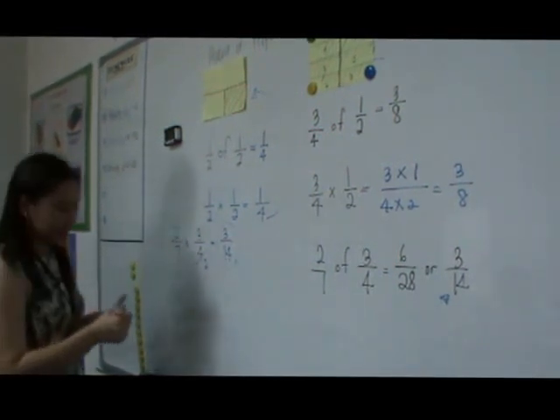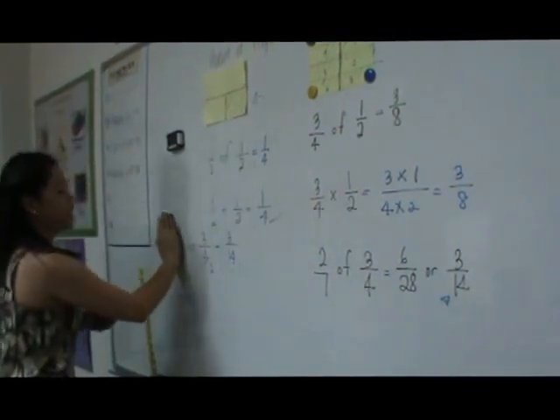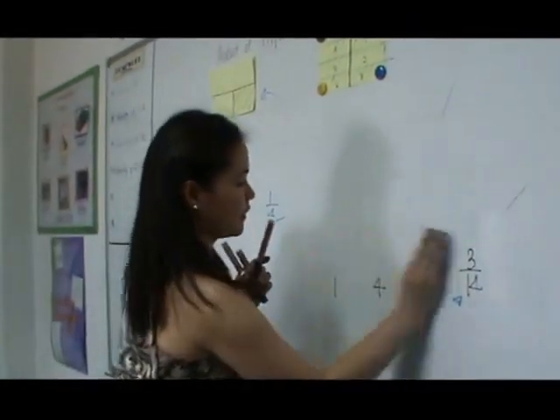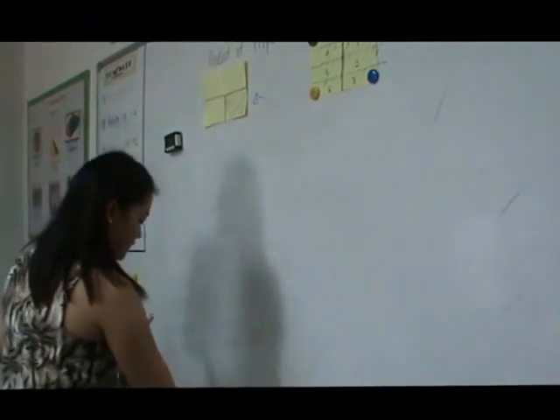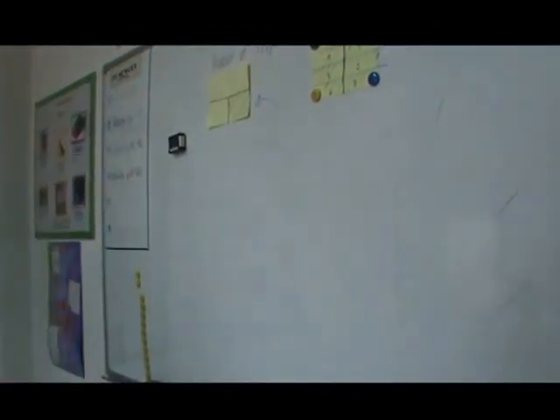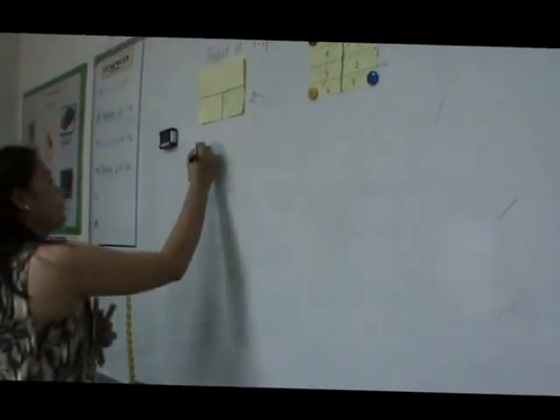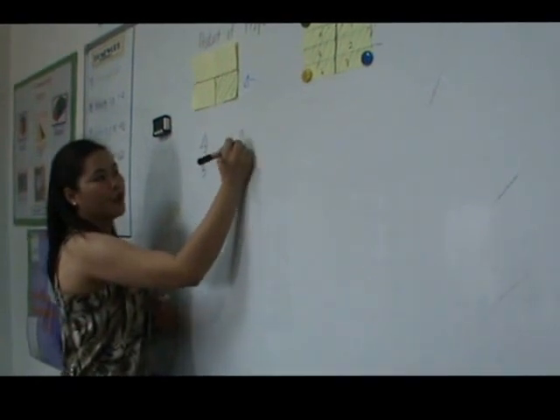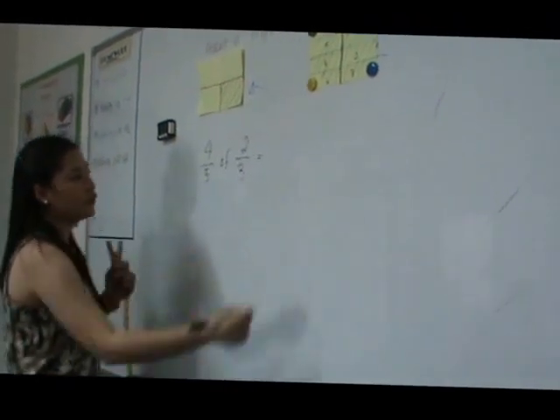Okay, I'll give another example using cancellation. Question: 4 out of 5 of 2/3. For this you don't need cancellation.